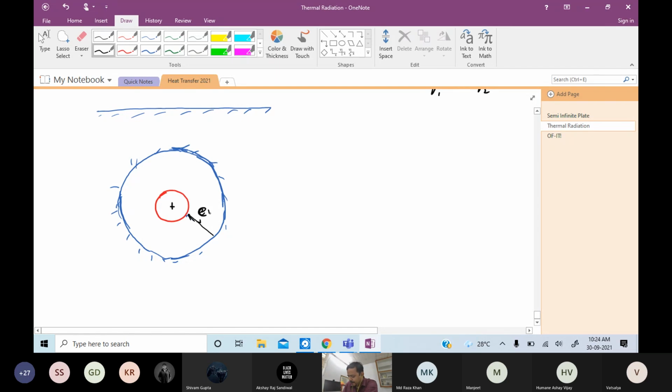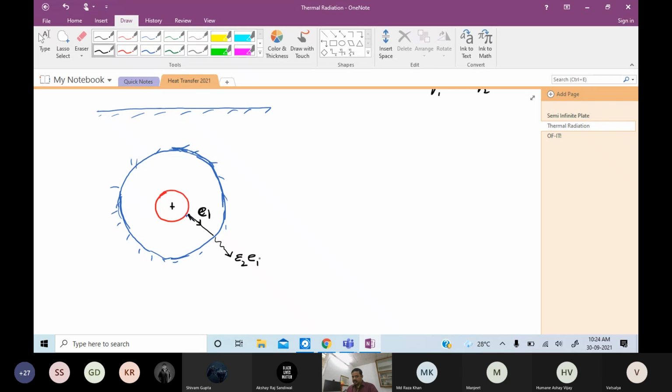Okay, E1. Now, when it reaches surface 2, what will happen? First thing you know, a part of it will be absorbed, and that would be epsilon 2 times E1. And the rest will be reflected. Okay, and this is where it becomes important to understand.